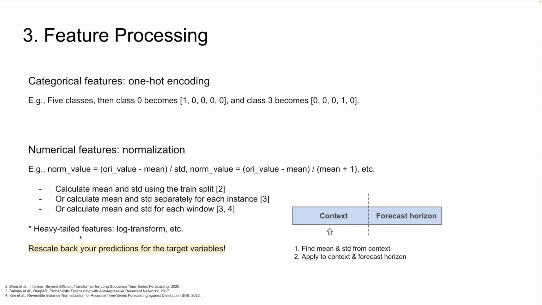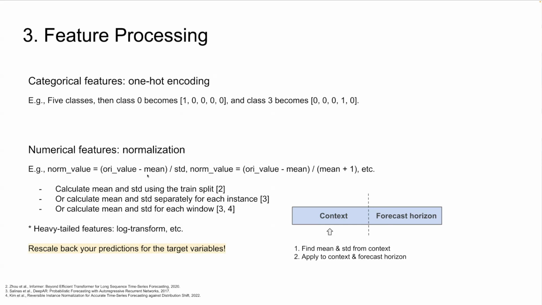And if you're dealing with some heavy tail features, maybe you want to do a log transform, or there are some other things you can do. For example, you can calculate the quantiles, etc. And it's always very important to remember to rescale back your predictions for target variables.